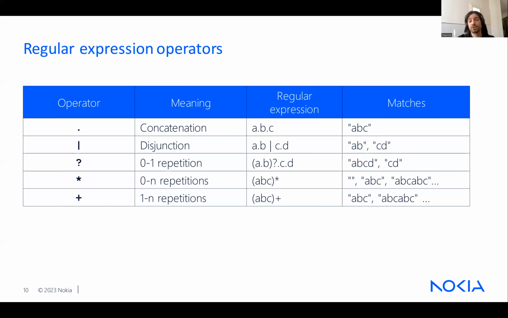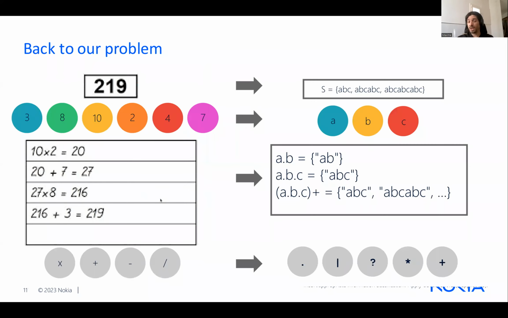We are just going to have to change the meaning and the operators. Our operators will operate on strings, not on numbers. So we have the concatenation, disjunction, and repetition operators. And basically, our problem is the same. We don't try to reach a target number. We have target examples that we need our abstract syntax tree to recognize.